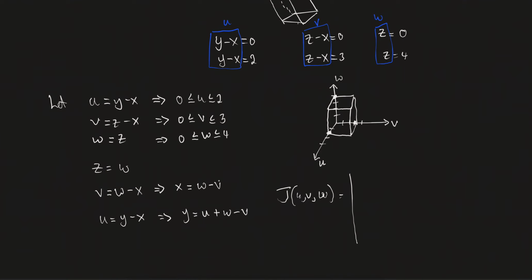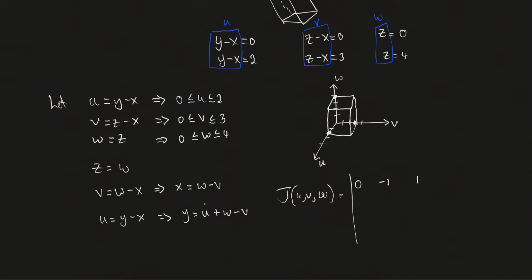Because there's no u in my x equation, the partial derivative of x with respect to u is 0. The partial derivative of x with respect to v is -1. And the partial derivative of x with respect to w is 1.